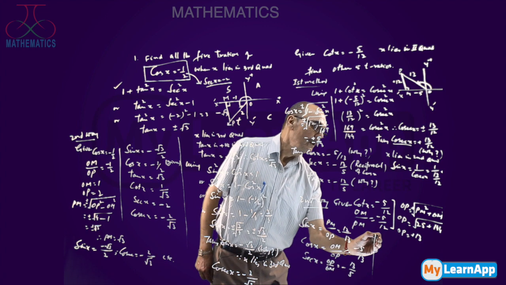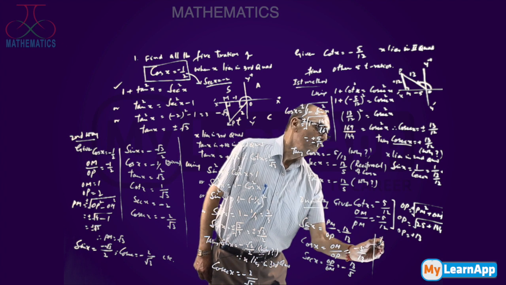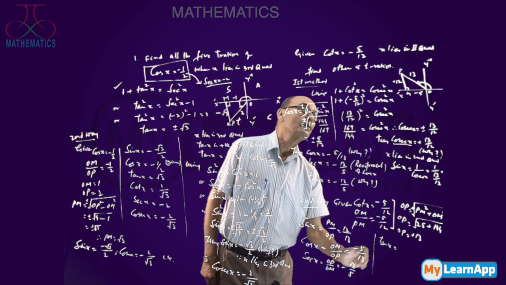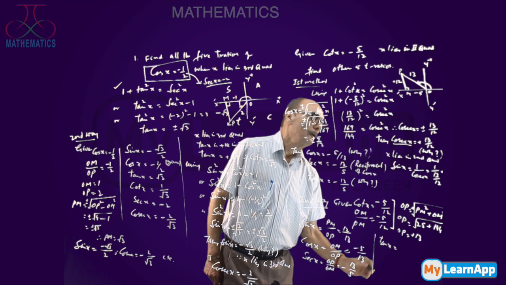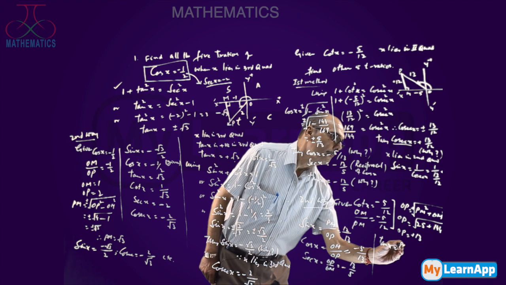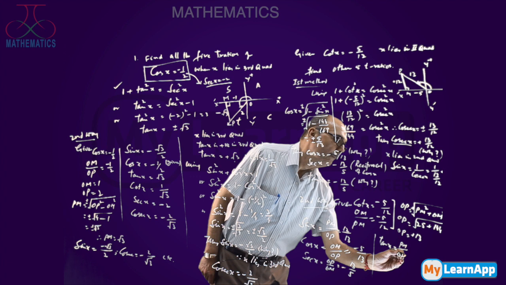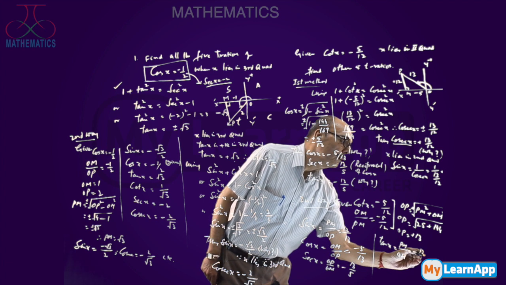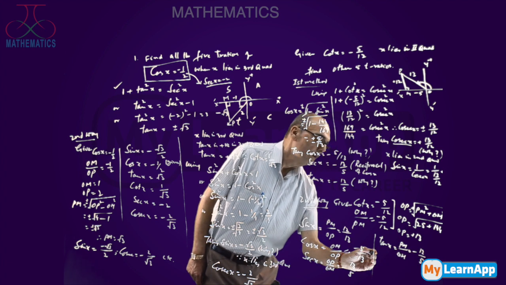Then tan x equals PM upon OM, minus 12 by 5, etc.